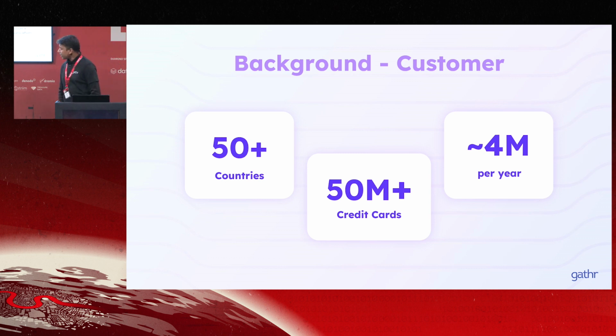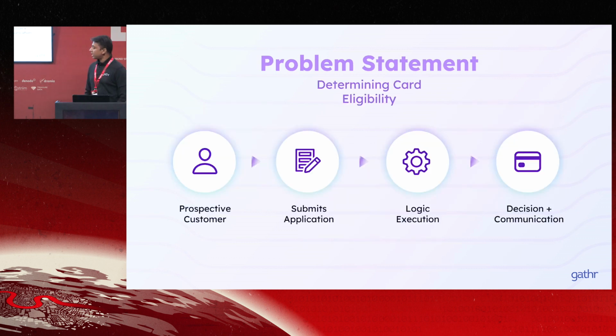From a problem statement standpoint, the cards were pushed into the market through various channels, and one of the most important channels was their web portal, wherein people could just go and apply for a credit card using a form. They submit the form, and in the background, a bunch of logic gets executed.